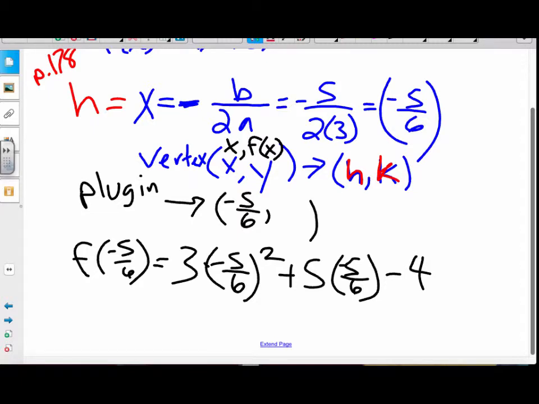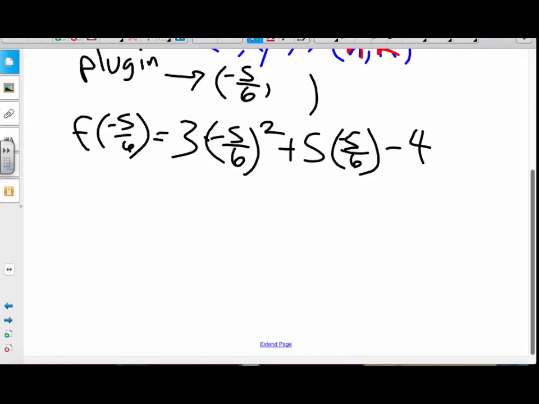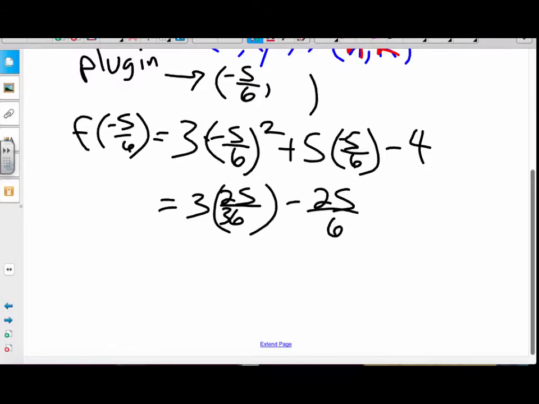Is that right? Yeah. Ooh, that's a lot of work. So this becomes 3 times 25 over 36. This becomes negative 25 over 6. And it looks like I'm going to have some 6's in the denominator, maybe.